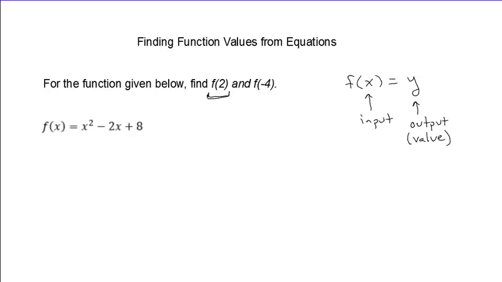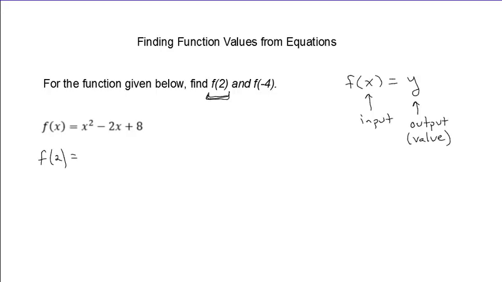So we're going to find the function value first at 2. Before I ever plug a value into a function, what I do first is go through, and everywhere I see a variable, I replace it with some open parentheses.